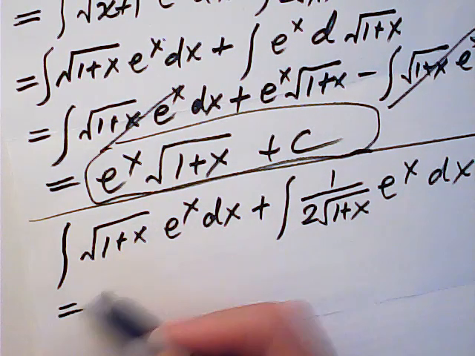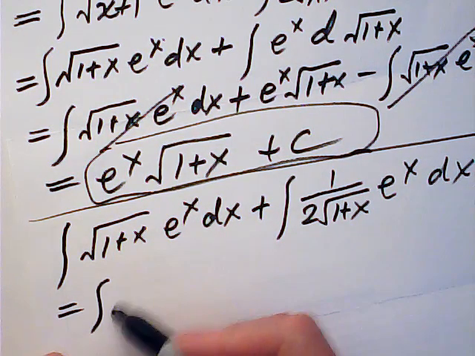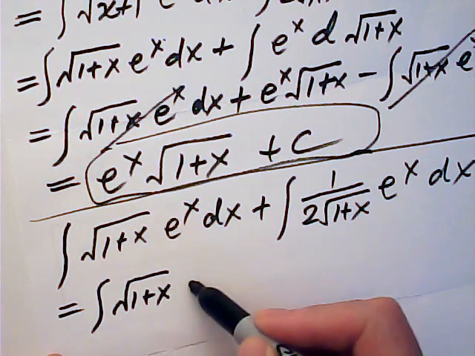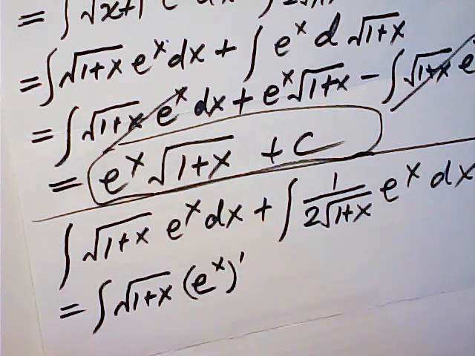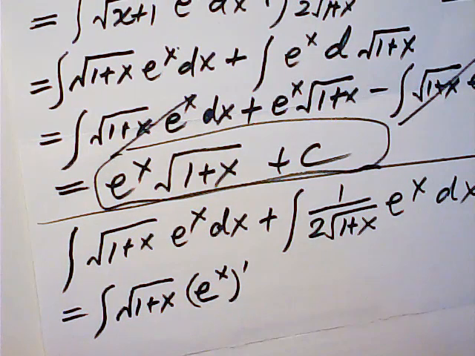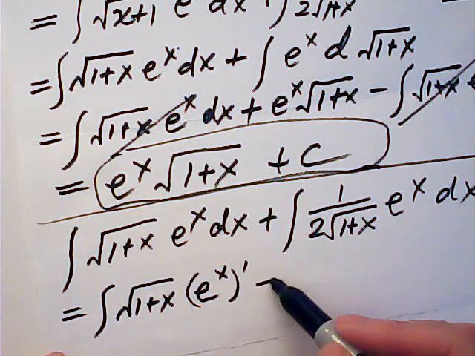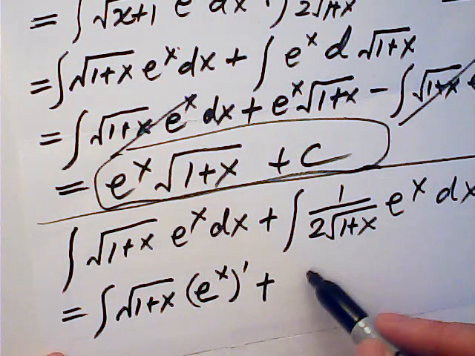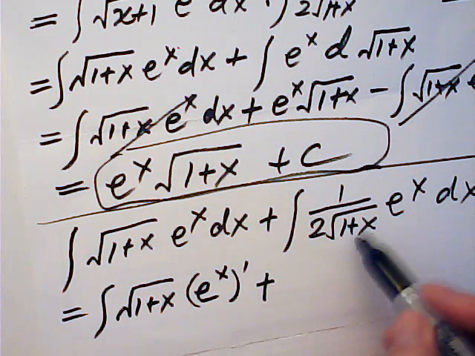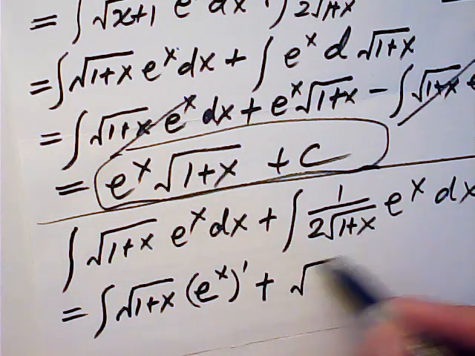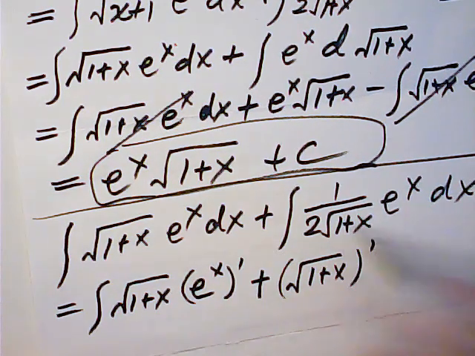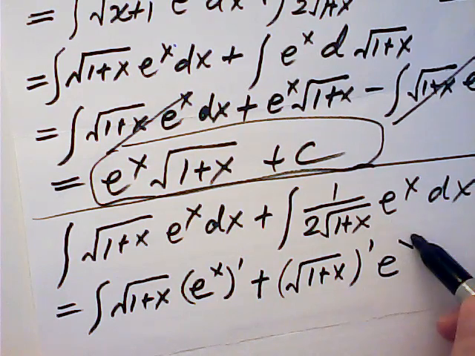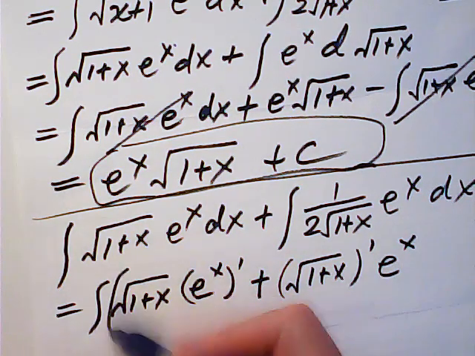well, this one is equal to the derivative of (1 plus x) e to the x, plus this one is equal to the derivative of the square root of 1 plus x times e to the x altogether dx.